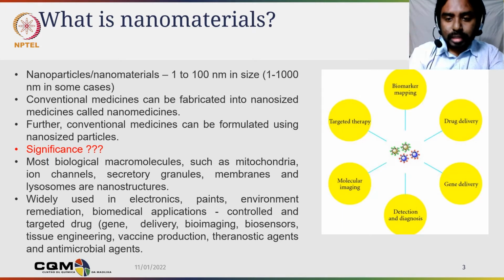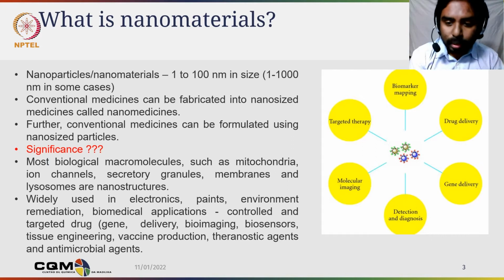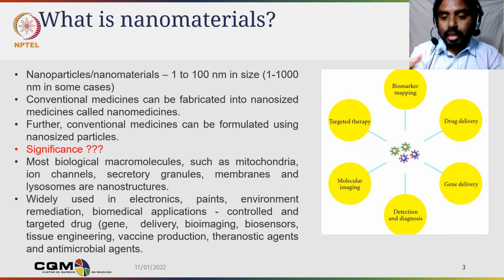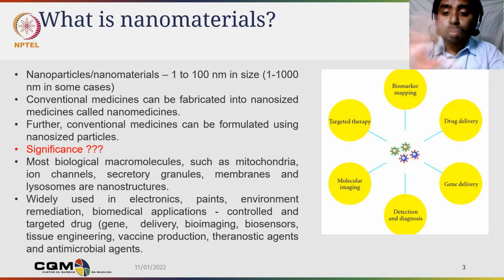Its size should be 1 to 100 nanometers, or 1 to 1000 nanometers in bionanomaterials, but its property should differ. Those are called nanoparticles, and if you are building a material with those nanoparticles, those are called nanomaterials.